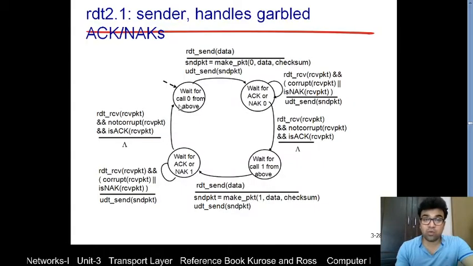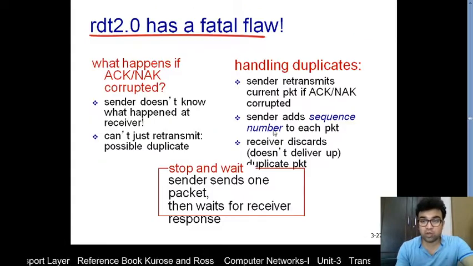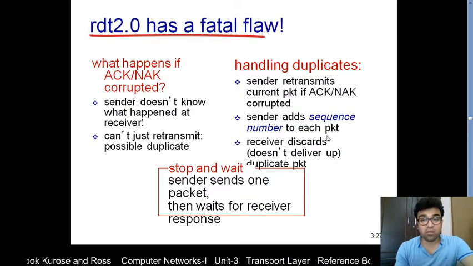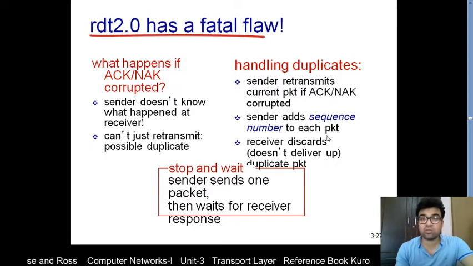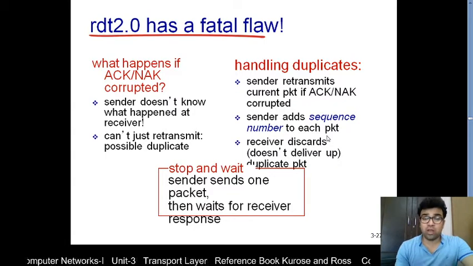So here we can see this RDT 2.1 protocol, which includes two sequence numbers, 0 and 1. With the help of these two sequence numbers, RDT 2.1 will remove this fatal flaw.